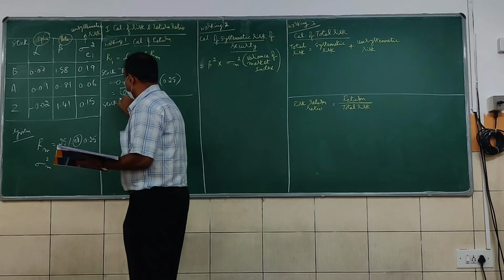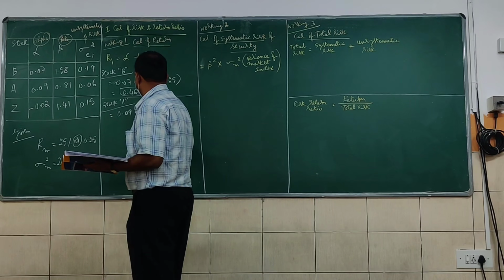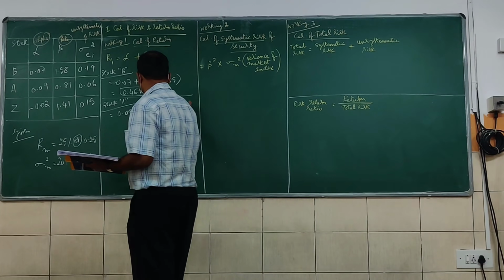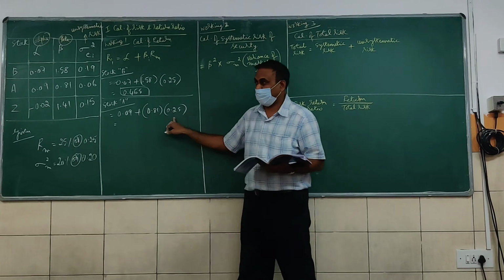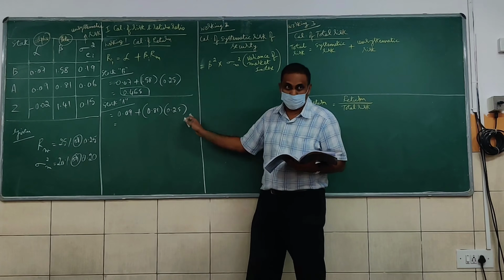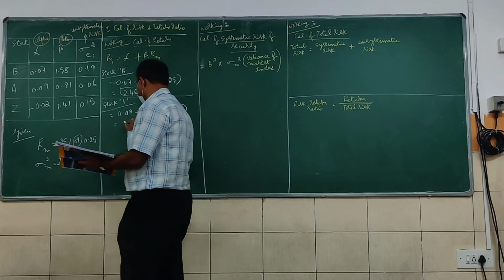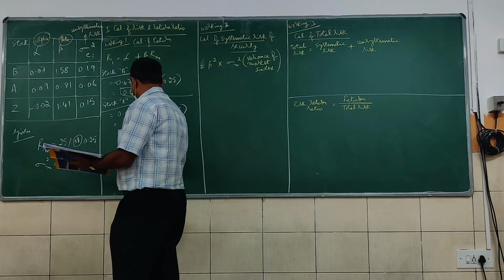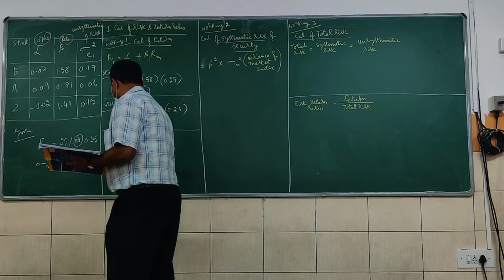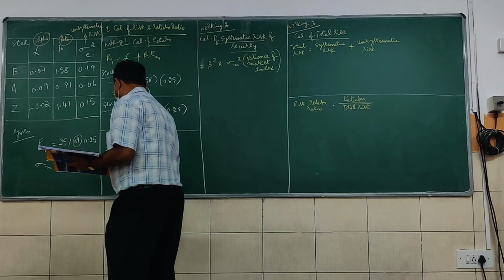Then for stock A, alpha is 0.09 plus beta is 0.81, RM is the same as the previous one, 0.25. Again, 0.81 into 0.25, you get one value. After multiplication, add 0.09. That gives 0.2925. Then for stock Z, a minus value comes here.